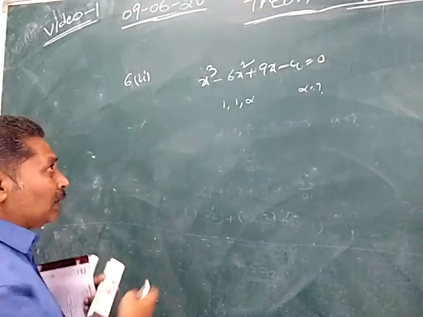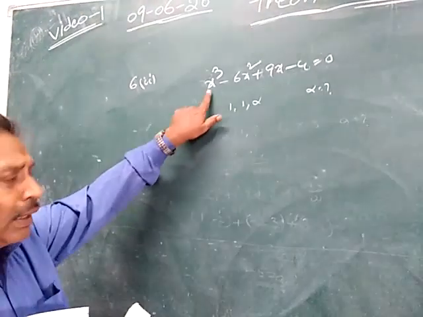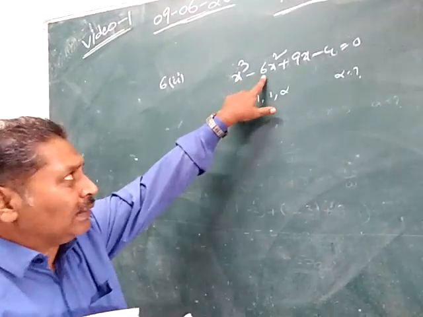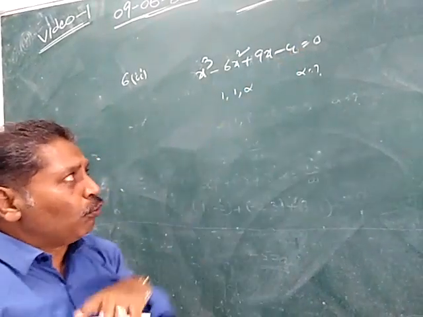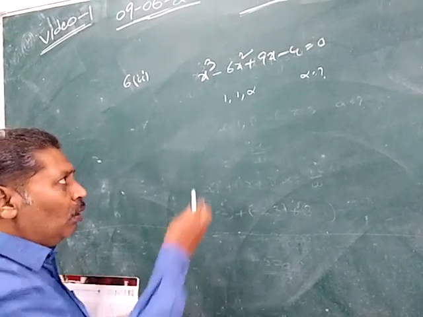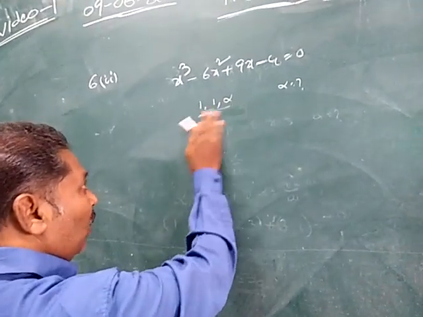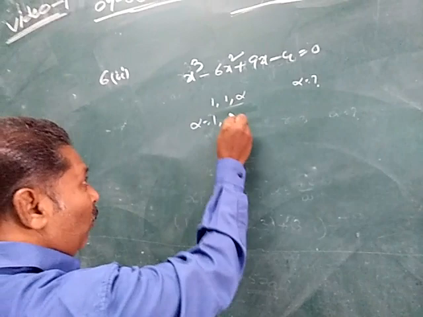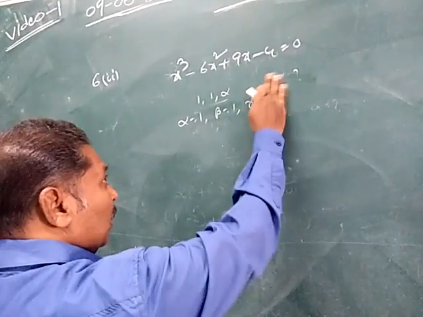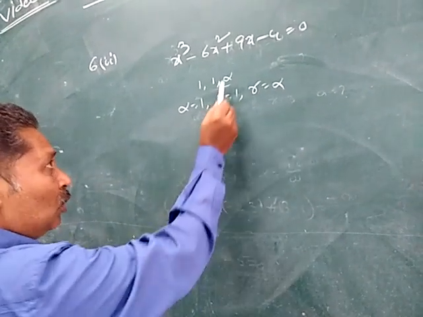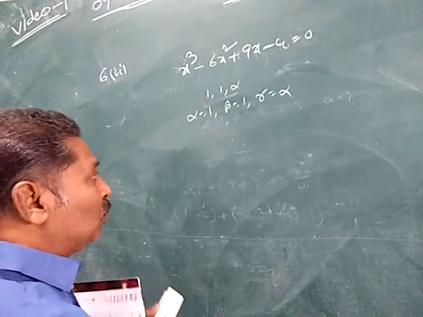Given cubic equation is x cube minus 6x square plus 9x minus 4 equal to 0. Given roots are alpha equal to 1, beta equal to 1, gamma equal to alpha. So find this alpha.